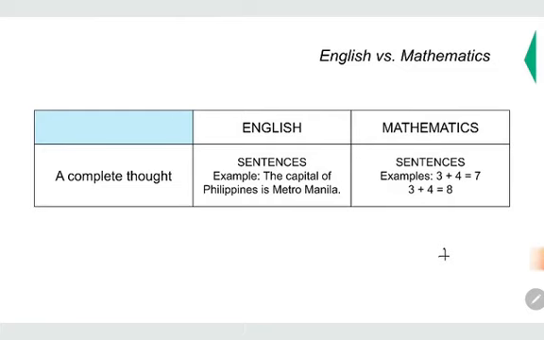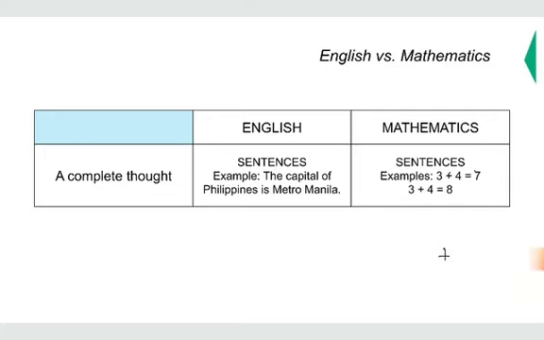Okay? A complete thought, what do we call that in English? That's a sentence, diba? For example, the capital of Philippines is Metro Manila, period. So this is a complete thought. This is a sentence. In mathematics, we also have mathematical sentences. Kailangan mo lang dito may equal. Tapos, sa kanan at sa kaliwang bahagi or kanan at kaliwang side ng equal ay mayroong expressions.